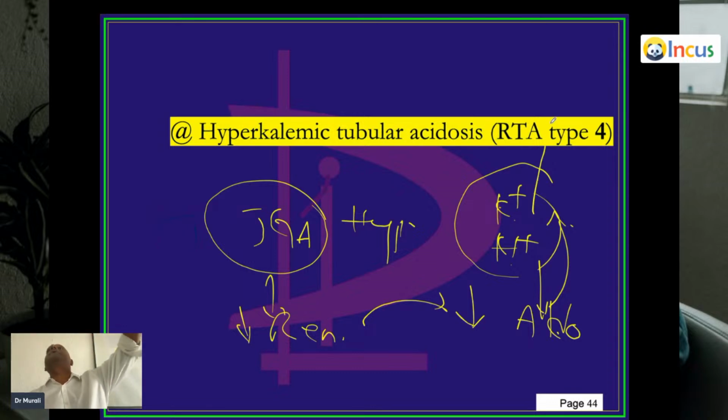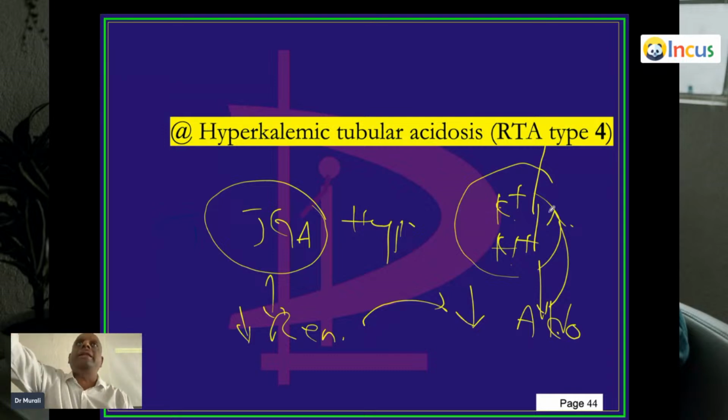Accumulation of potassium leads to hyperkalemia. Accumulation of H plus leads to acidosis. Understood? Juxtaglomerular apparatus hypoplasia leads to decreased renin, decreased angiotensin, decreased aldosterone.